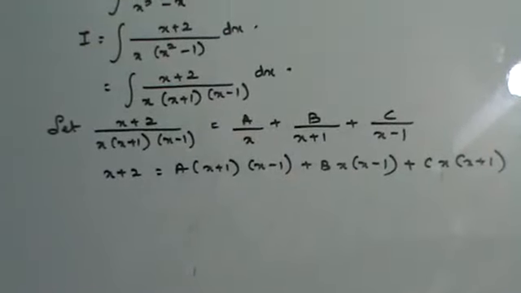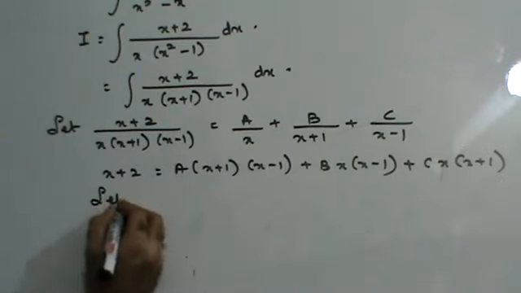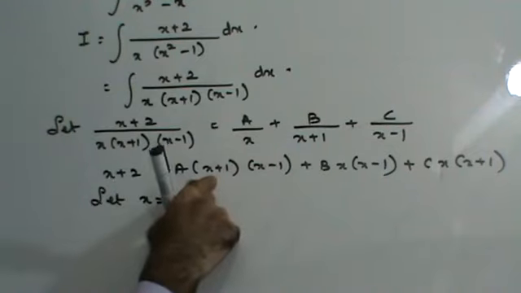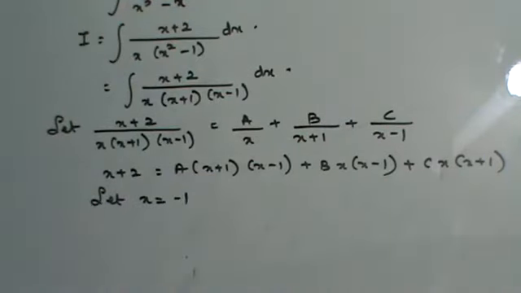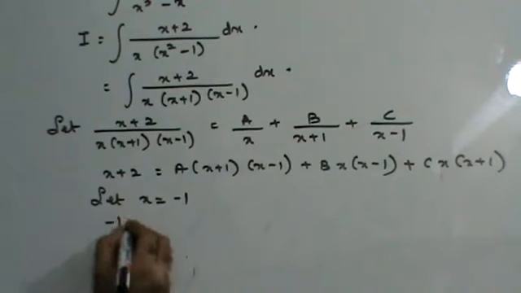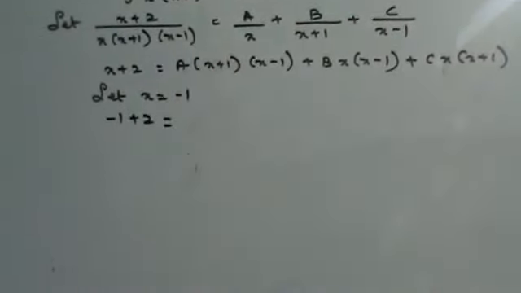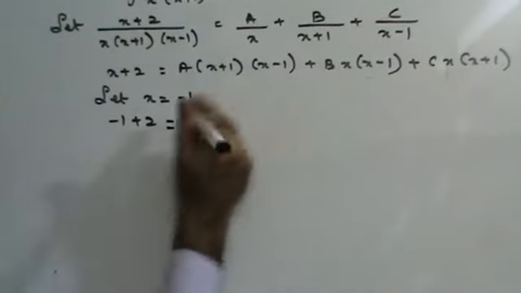Now you had three denominators. One at a time, try to make each denominator 0. Let's assume I want to make this bracket 0. So I'll assume the value of x to be minus 1. So I'll get minus 1 plus 2. X plus 1 is 0, that means this term will become 0.